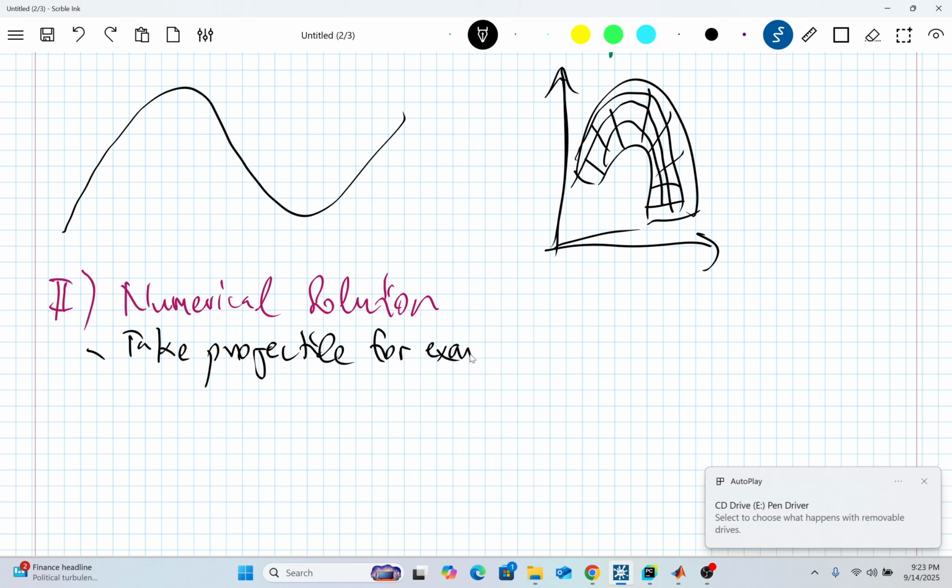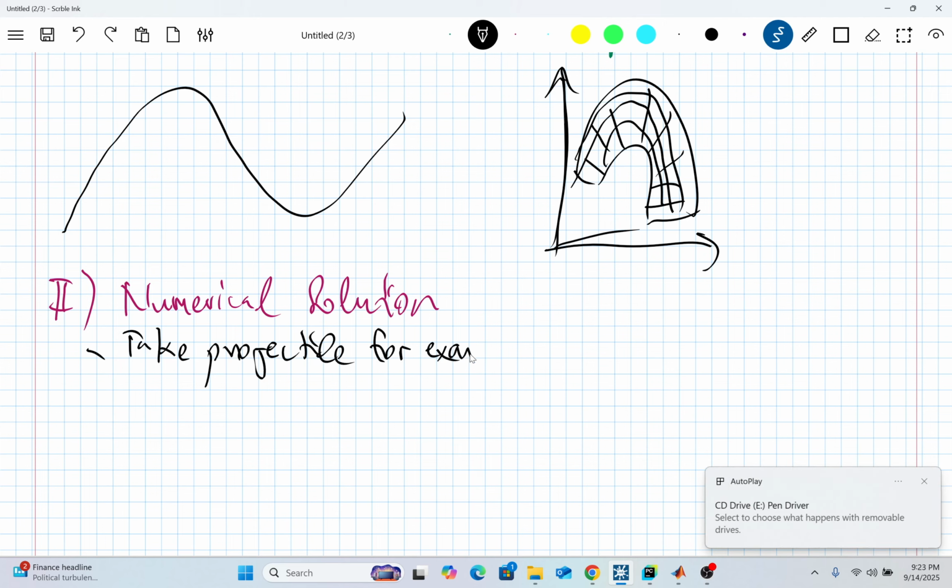The second step, instead of solving for this one, you would like to solve for the function. You would like to see the x and y coordinates of this projectile at any given time. So you can input this V0 into here, and then you calculate whatever you can.